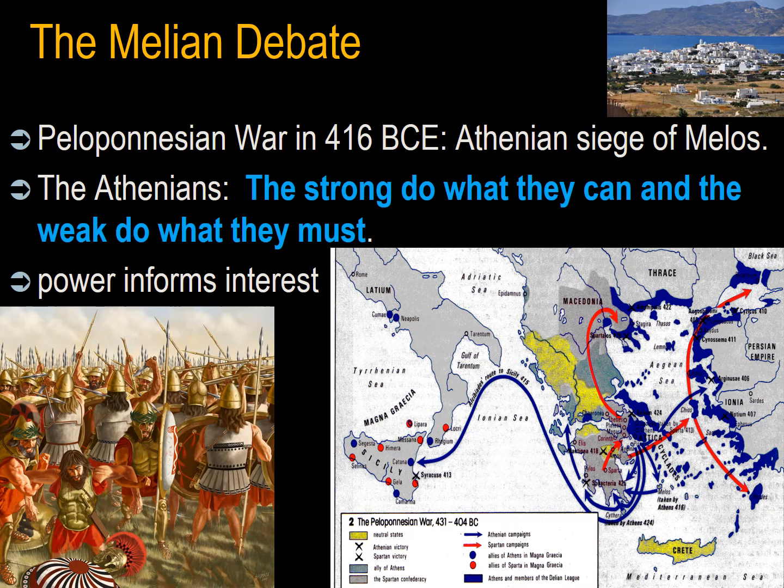During the Peloponnesian War in 416 BC, Thucydides, the author, recorded an account of a negotiation during the Athenian siege of Melos, which you can see in the top right today. And in the map at the bottom left, it's the island north of Crete, which is located in the bottom right corner of the map.